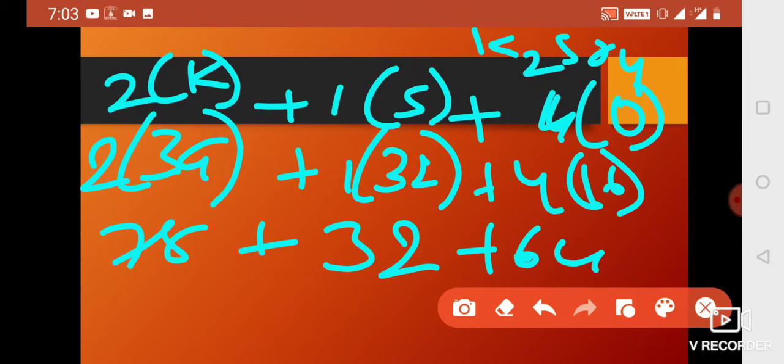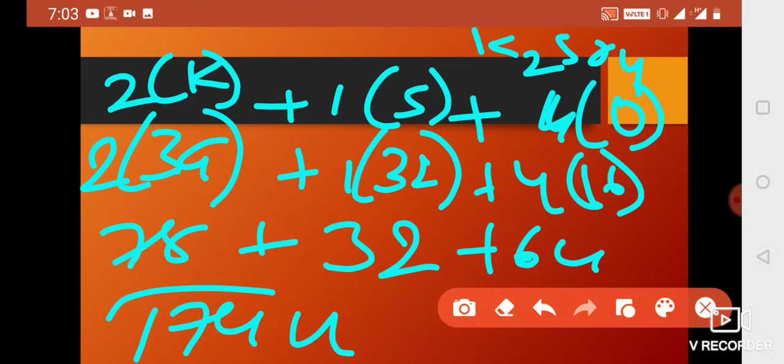After adding all this, we get the molecular mass of potassium sulfate as 174 U. So this is the way we calculate molecular mass. What is the first thing? We have to derive the chemical formula. Then separate atoms from the formula. Then write their atomic masses. Then add up all and we get the molecular mass.